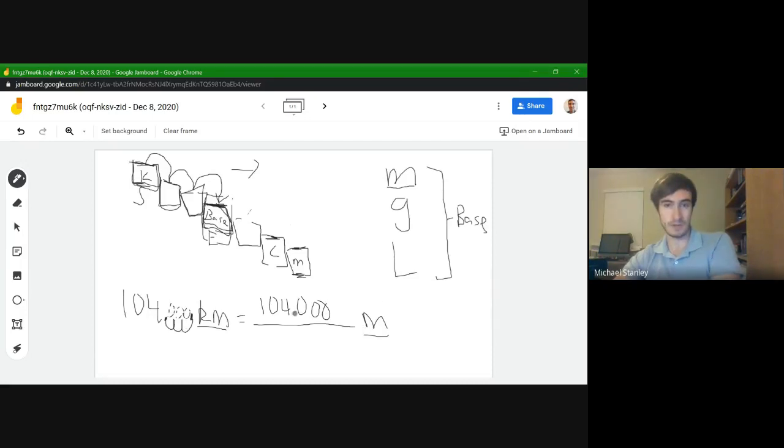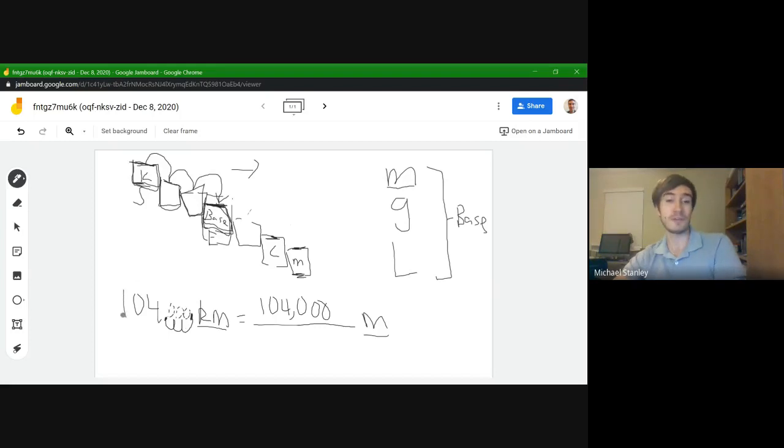If it helps, I can put a little comma right there to separate those two sets of 3. So we figured out our starting point is kilometers up top. Our ending point is meters down here at our base. We had to do 1, 2, 3 jumps to the right in order to go from kilometers to meters.